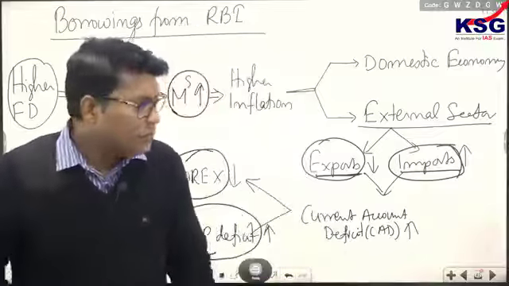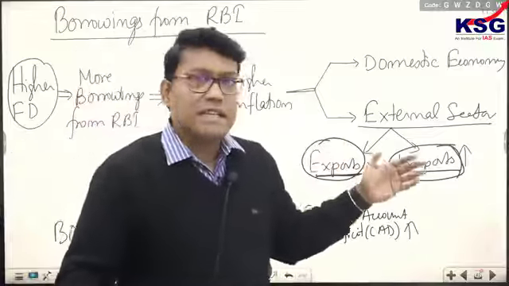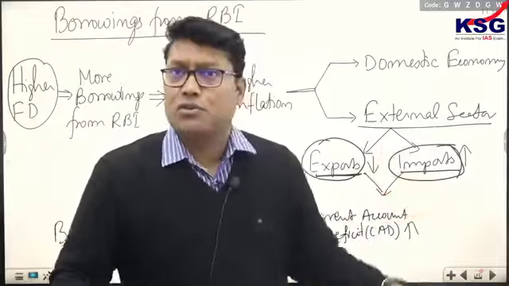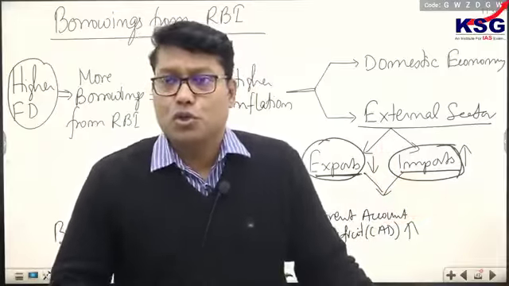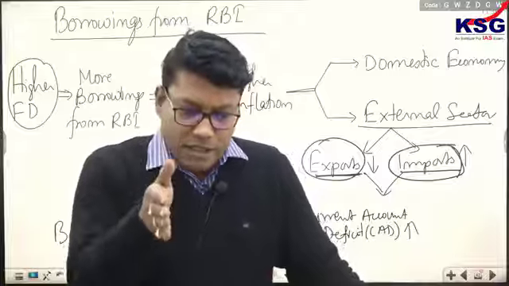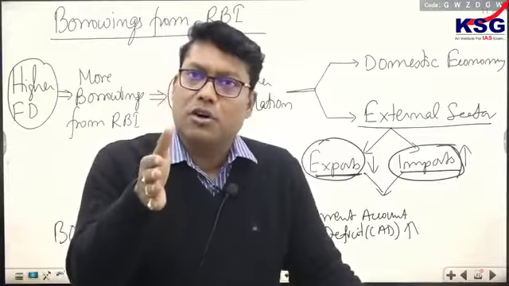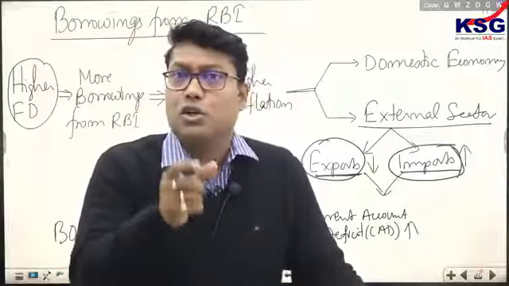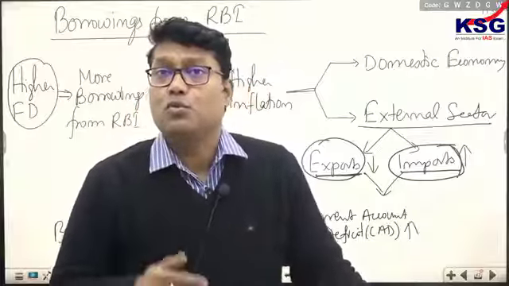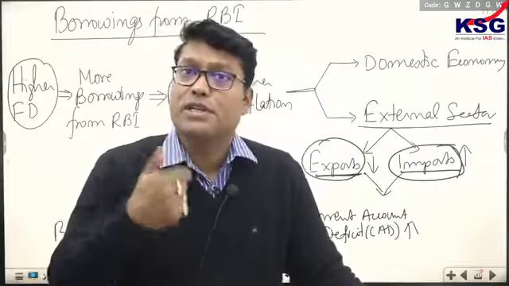Clear? So overall, we can say that higher fiscal deficit is not good for the country, or higher deficits are not good for the country. So the government should achieve a low level of fiscal deficit. But how can the government do that?